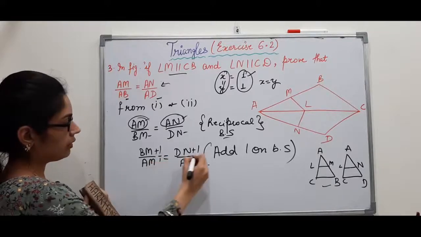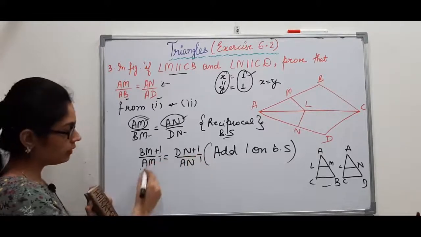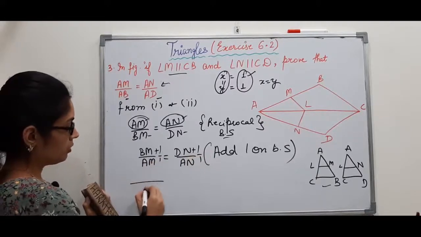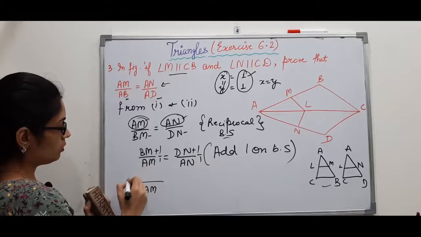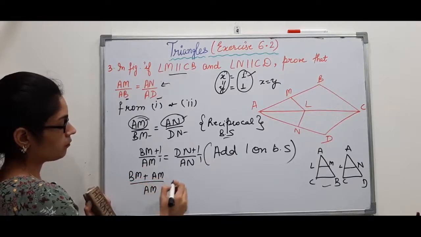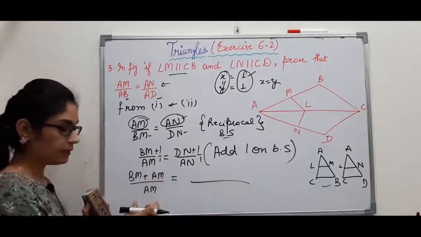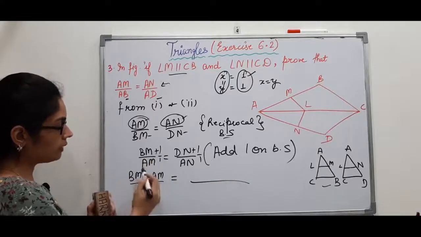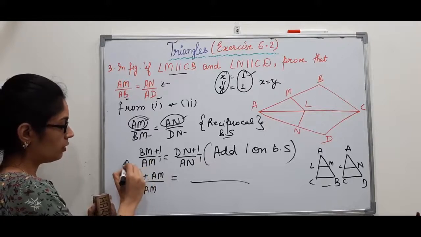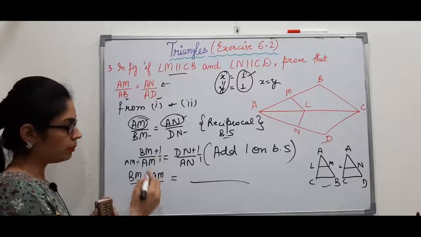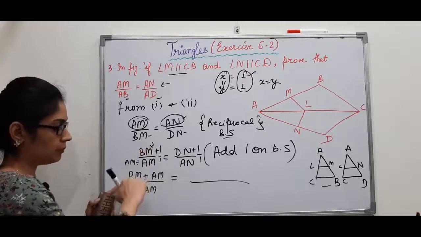So we can now take the LCM and solve it. The LCM of AM and 1 will be AM. So it will be BM plus AM. Simple LCM I have taken, and then you will get this term, because the LCM gets divided by both the denominators: AM divided by AM is 1, multiplied by BM, so it will be BM.